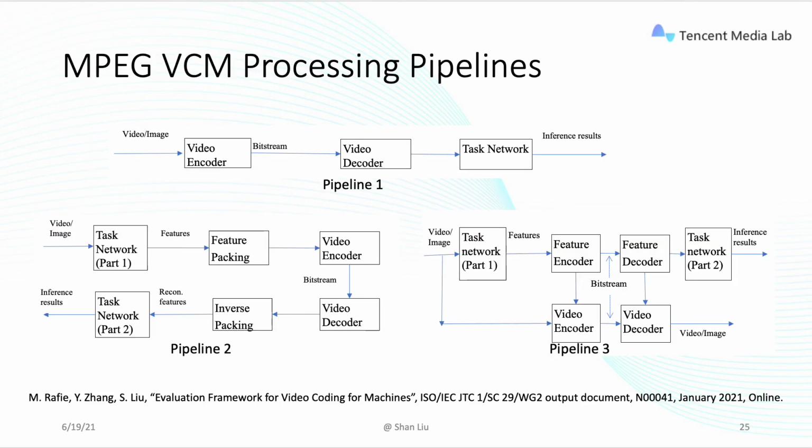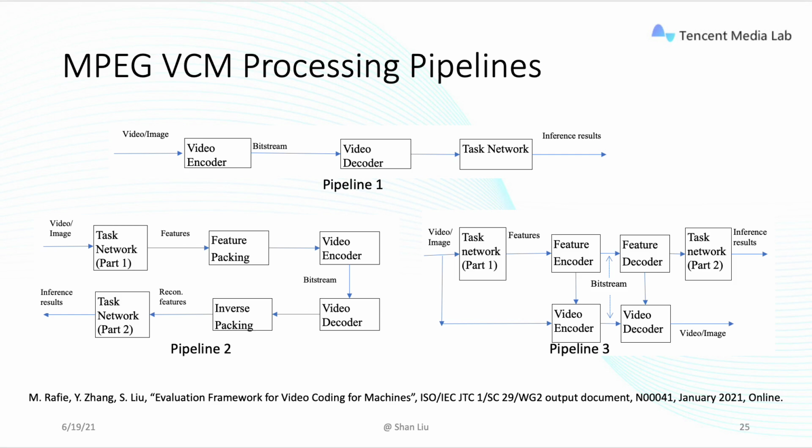Some typical machine vision tasks include object detection, segmentation, tracking, etc., which may be used in many applications such as intelligent transportation, smart city, intelligent content, and so on. The video coding for machines ad hoc group looks at efficient compression performance, the ability to support one or more machine tasks, and the ability to support multiple tasks or combined machine and human tasks in one codec.